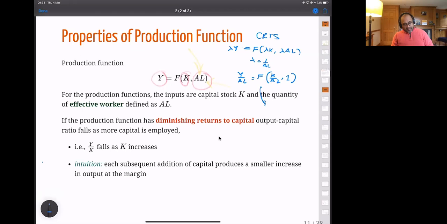and that can be written as y = f(k), where small y is simply Y over AL, that is output per effective worker, and small k is simply K over AL, physical capital per effective worker. Okay, so this is what the next slide says.